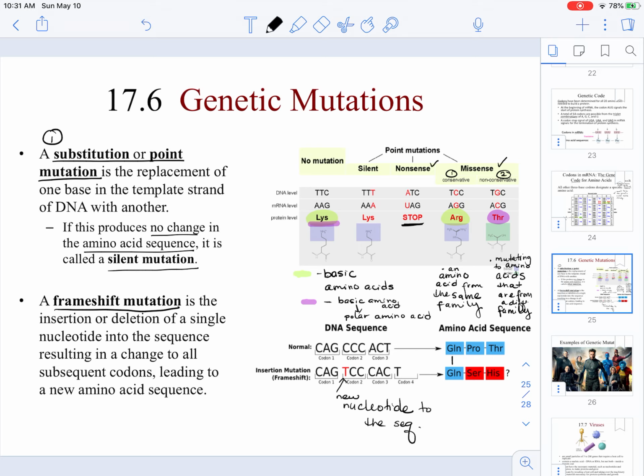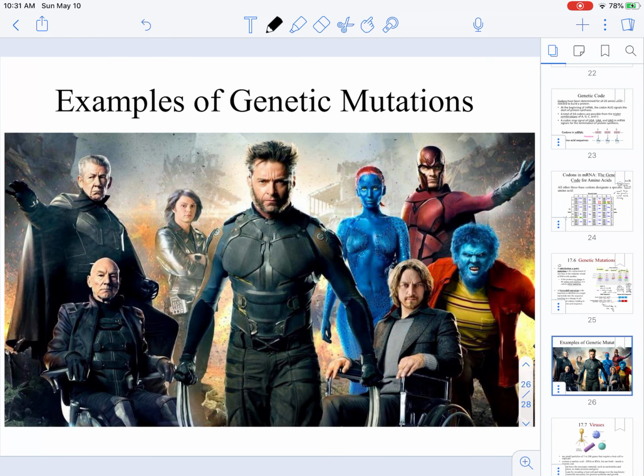Understand that genetic mutations occur and they can be very detrimental, but at times mutations are utilized in the laboratory in order to study specific proteins, okay? Now, when it comes to examples of genetic mutations, understand that most of us, if we are a fan of X-Men, we've seen how genetic mutations are shown in movies.